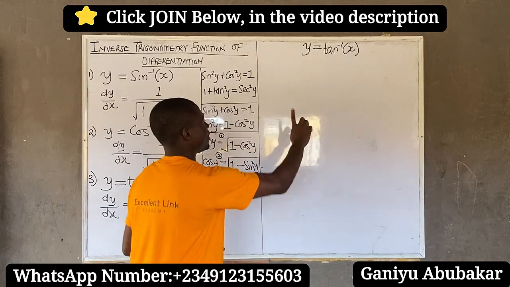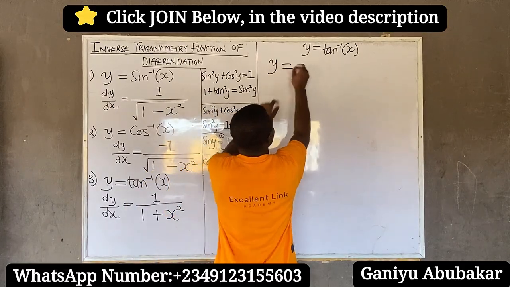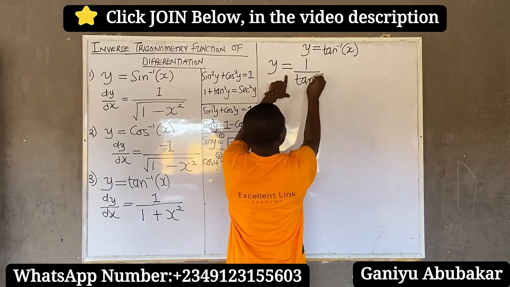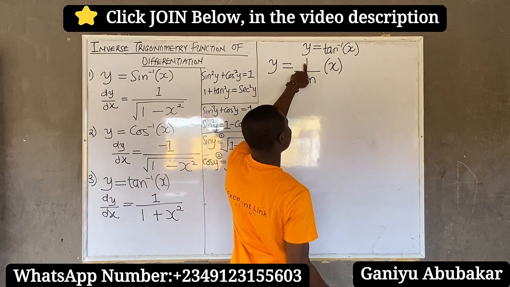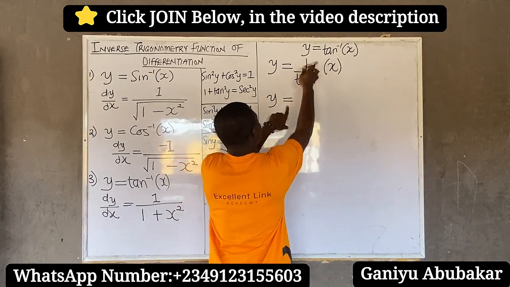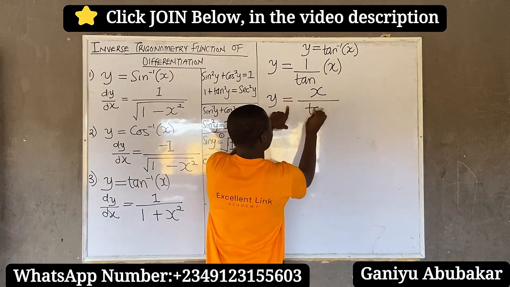In this case, we said you put your y equal to tan inverse means 1 over tan into x. We now multiply this one by x. It means y will be equal to 1 times x gives you x over tan.